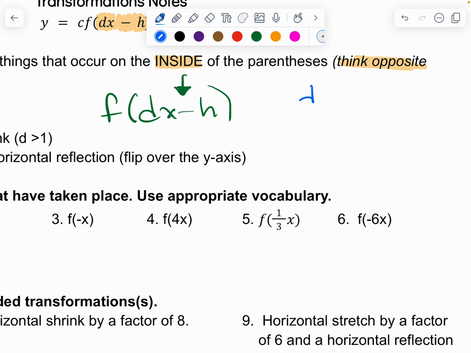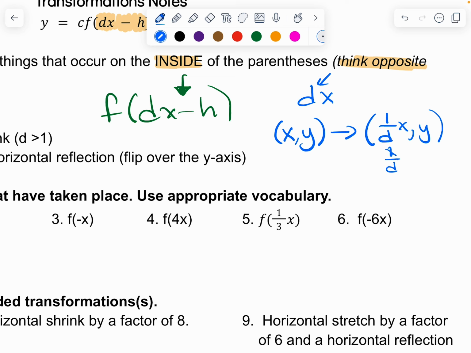So right now we have d times x. If I was looking at coordinates, this would go to 1 over dx. Because what is the opposite operation of multiplication? It's division. Could you think of it as x over d?